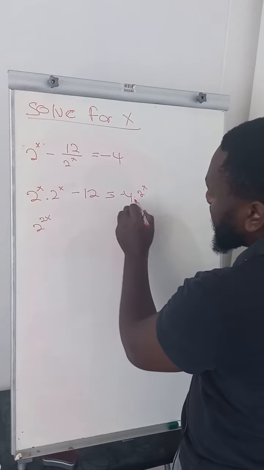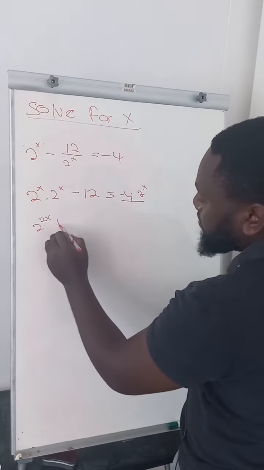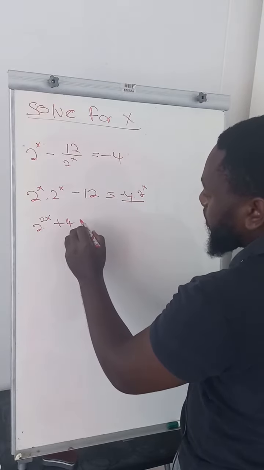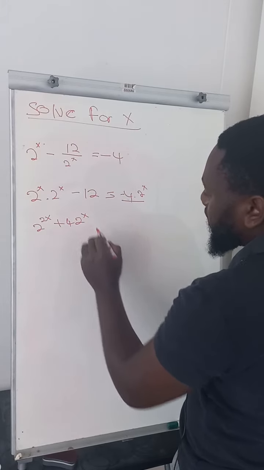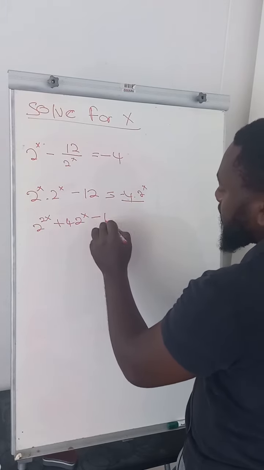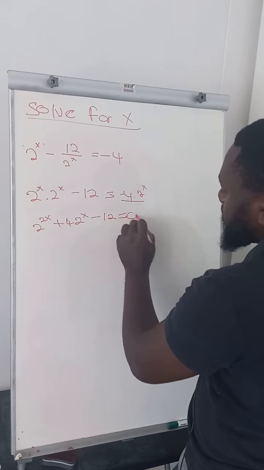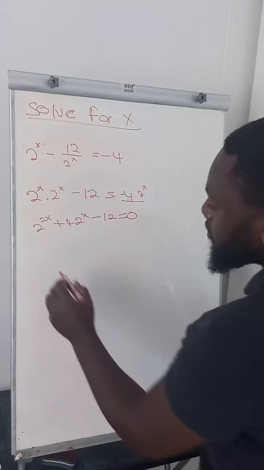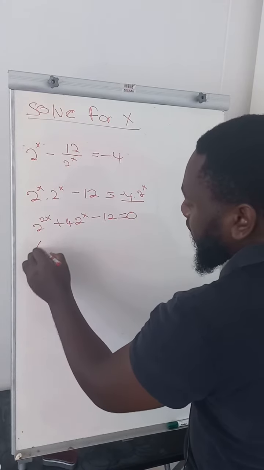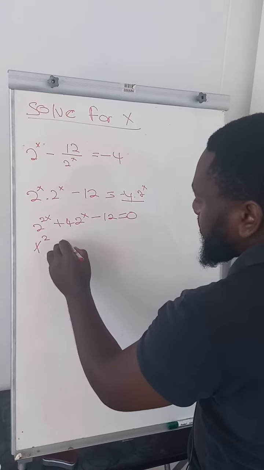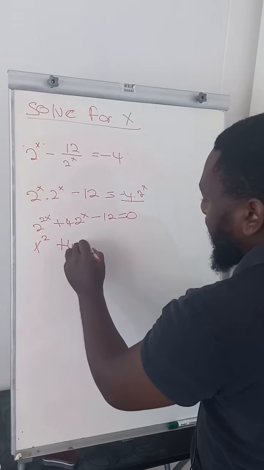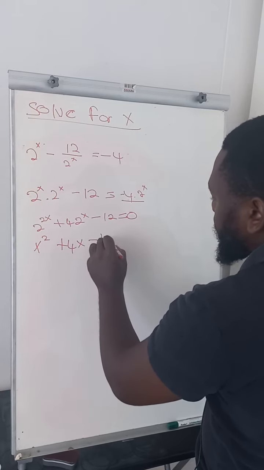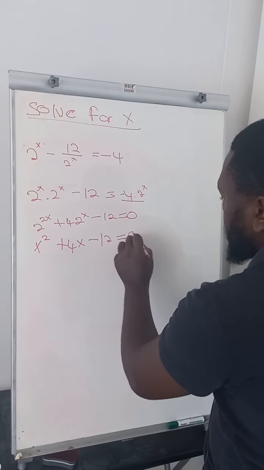And then let's bring this to the other side. You'll have plus 4 times 2 to the power of x, and then minus 12 equals 0. So once you get this, this thing is more like x squared plus 4x minus 12 equals 0.